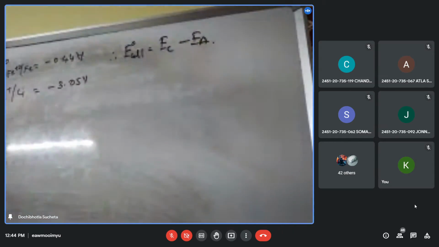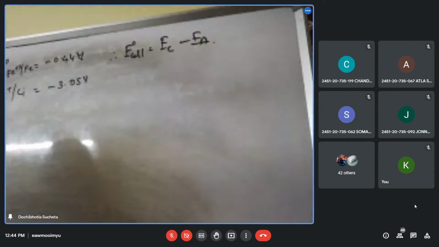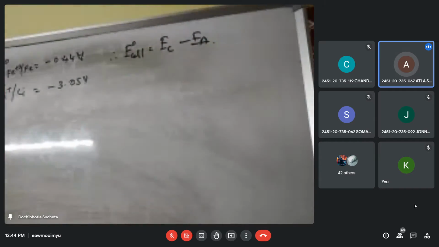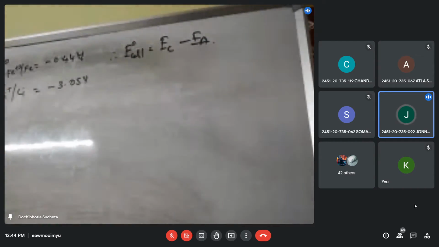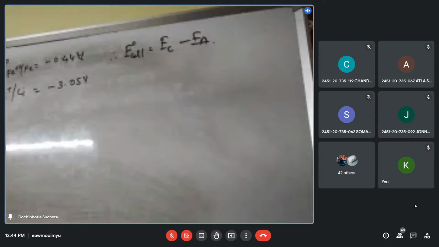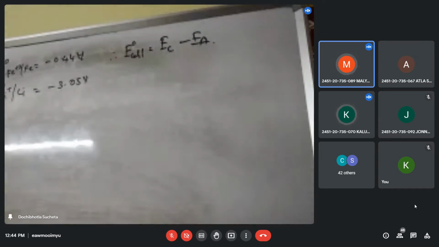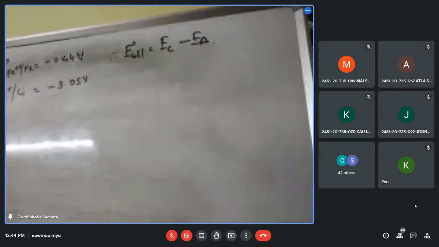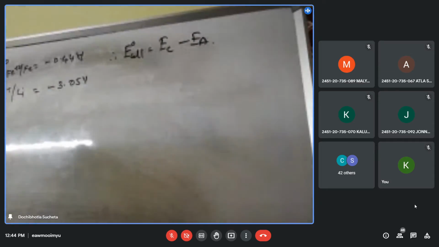Now, which is cathode and which is anode? Cathode iron, anode lithium. Why do you take lithium as anode? Lithium has the least SRP value. It always acts as anode and undergoes oxidation.